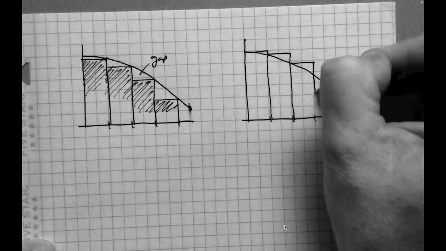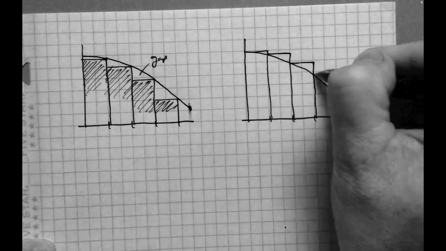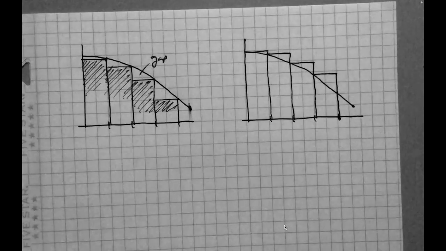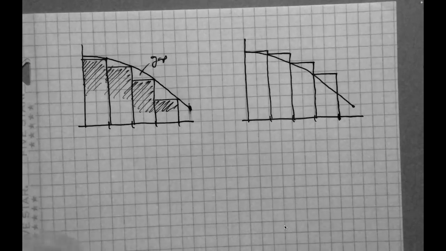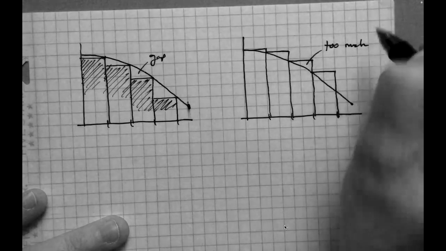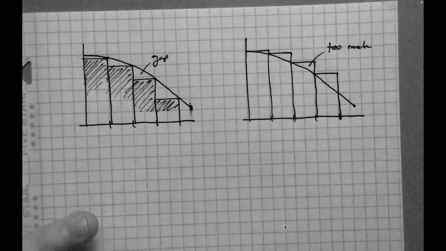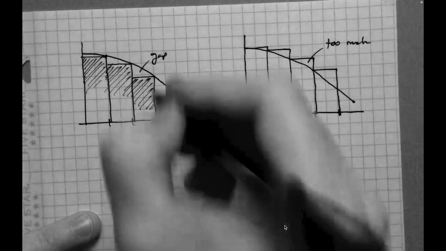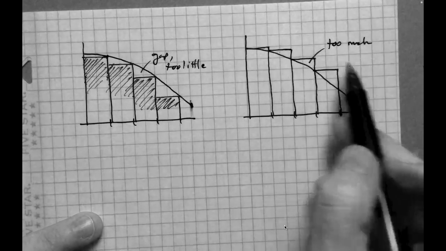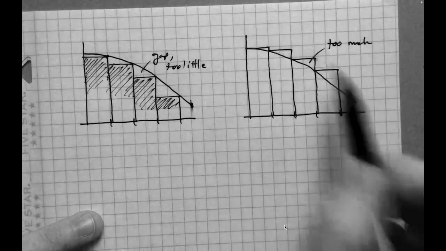Right, you see how we're identifying the height of the rectangle based on where it touches the curve on the left-hand side. So here you end up with too much. Okay, so over here you have a gap, too little. And over here you have a surplus, too much.